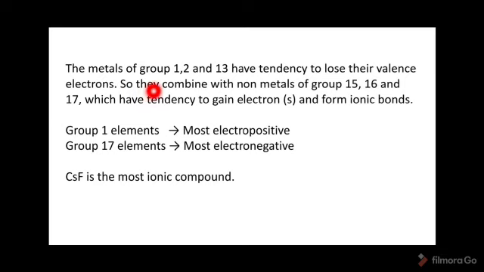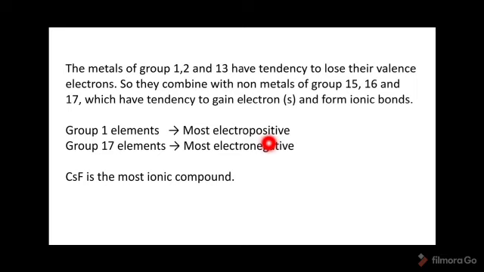The metals of groups 1, 2 and 13 have a tendency to lose their valence electrons. So they combine with non-metals of groups 15, 16 and 17, which have a tendency to gain electrons, and form ionic compounds. Group 1 elements have more tendency to lose electrons and form positively charged ions very easily, so they are called electropositive elements.